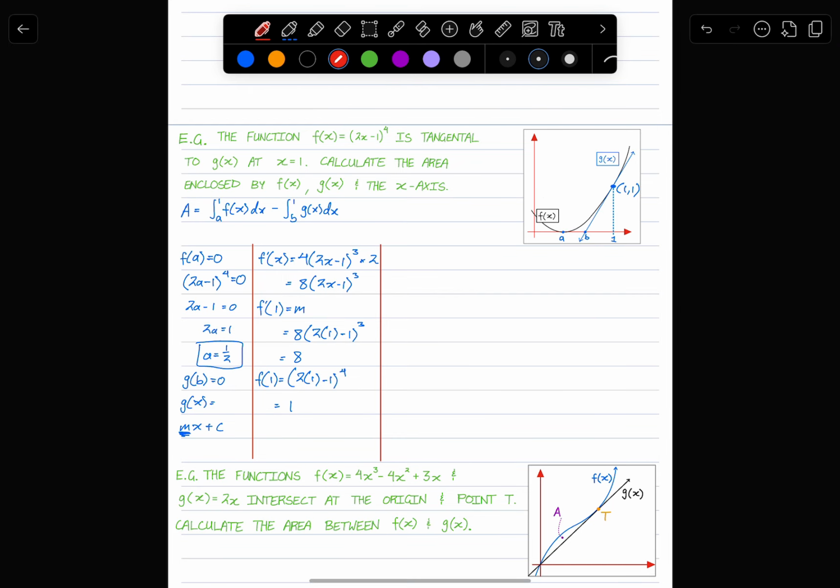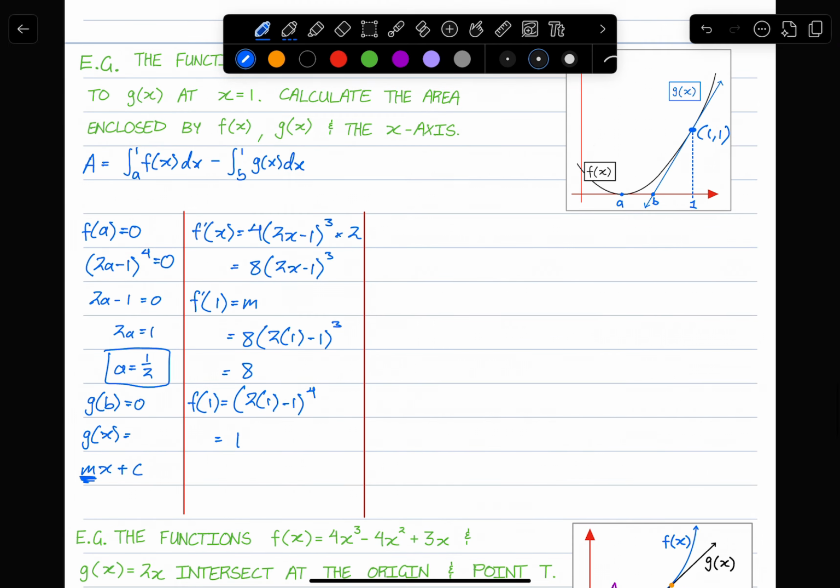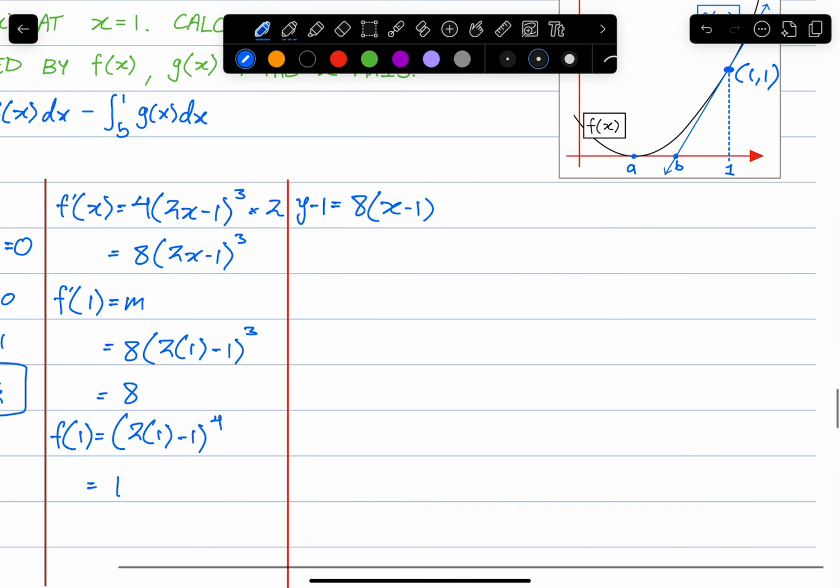Now that we have this, we can find g of x using the point-gradient formula, so y minus y1 equals m, which is 8, times x minus x1. Solving for this, we're going to get 8x minus 8.